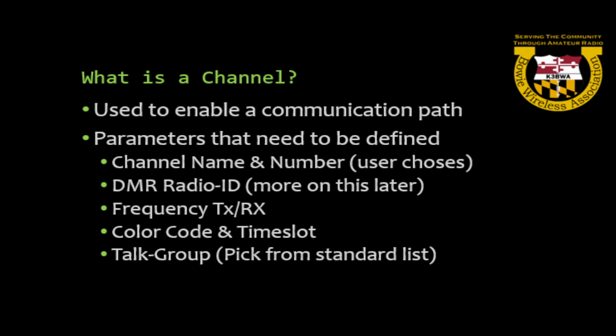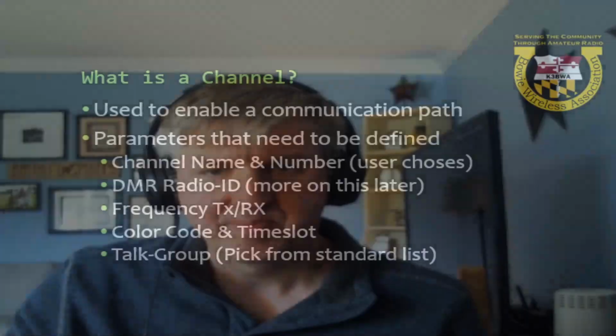The last two areas will be new to users who have not used DMR before, and that's the color code and time slot, as well as a talk group. A color code is a number that essentially allows you to separate different channels out on the DMR side.